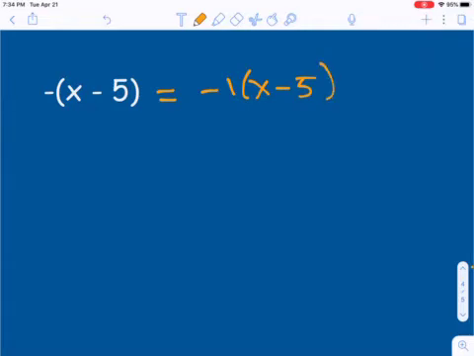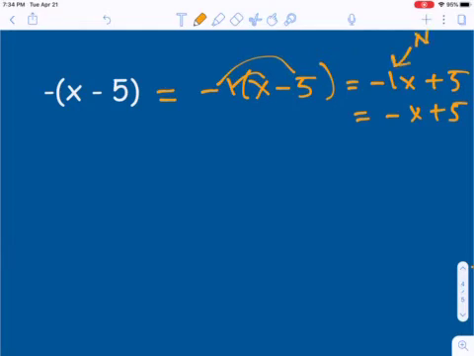And then you just do your distributive property on it, and so you would get negative 1x plus 5, because negative 1 times negative 5 is positive 5. Then you would just rewrite that as negative x plus 5, because you don't need to write that 1. Another way to think about this is, if we have negative x minus 5, think of this as a sign changer.